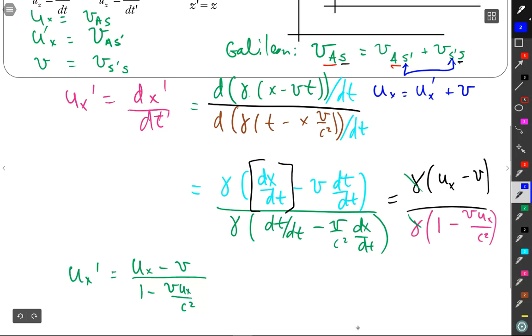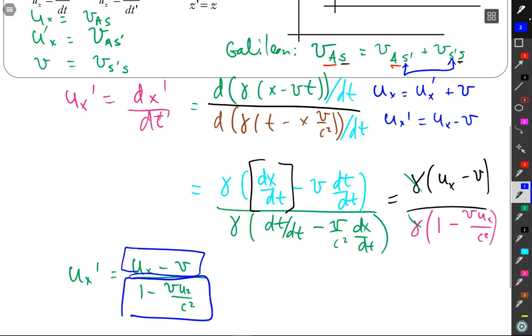So with the Galilean transformation, you would have had ux prime is equal to ux minus v. Well, here we have that same ux minus v on top. But we have a correction, if you will, for relativity down here on the bottom. So you use the same formalism as for Galilean transformation, just the normal addition of velocities, but then you have to divide by this factor of 1 minus v ux over c squared.